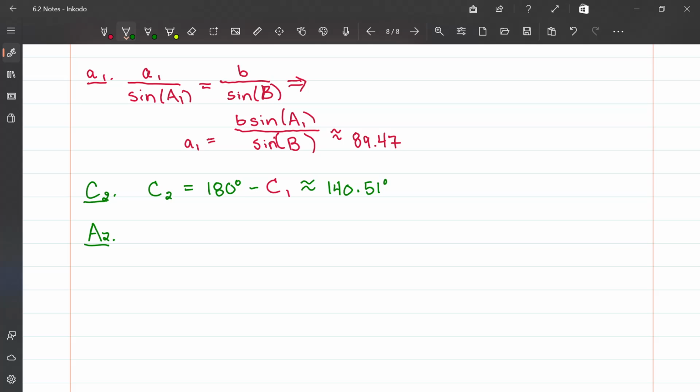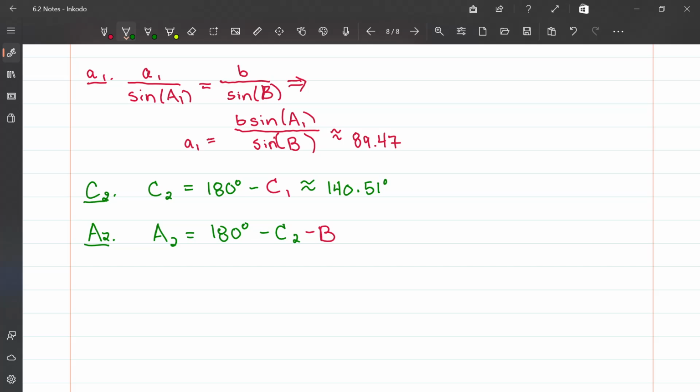Even better, this makes finding A2 easy as well. See, what we know is that A2, C2, and B added together form another triangle, and that triangle must have 180 degrees in it. So if I want to find what A2 is, all I should have to do is take 180 and subtract the angles C2, which we just calculated, and B, which we began the problem with.